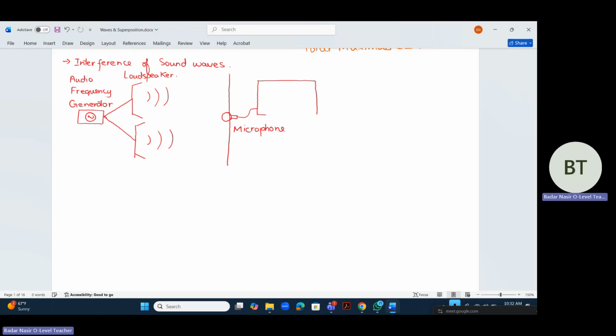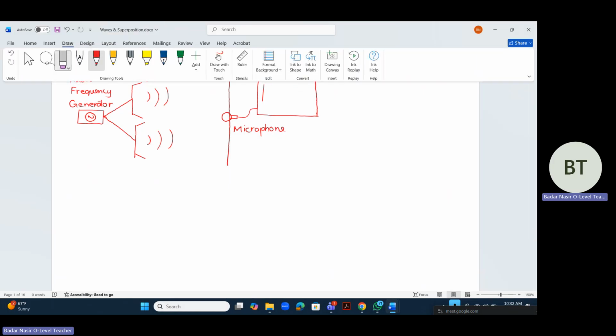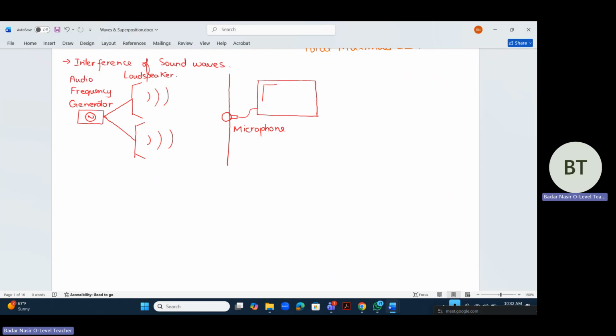or we also call CRO as a cathode ray oscilloscope. So we've already studied about the CRO as well. CRO का purpose क्या होता है? To display the waveforms, to calculate their amplitudes, to calculate the time periods of the waves. ठीक है?